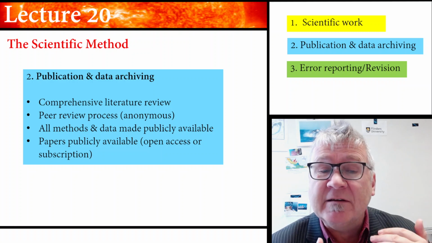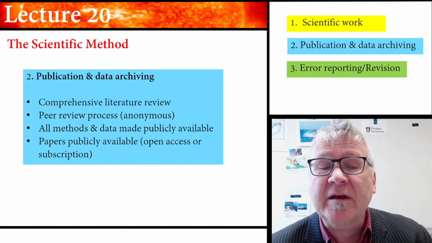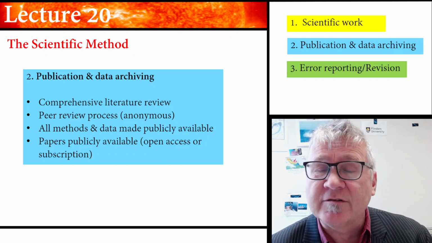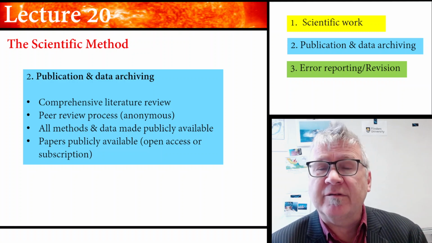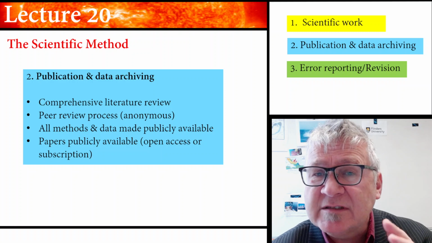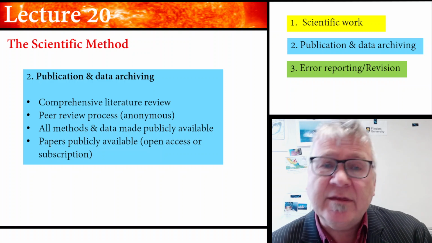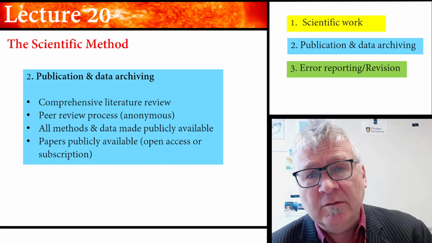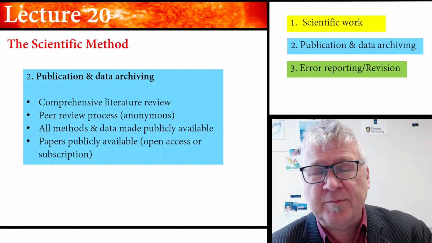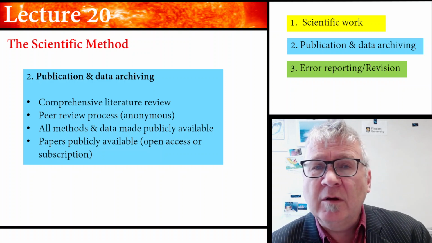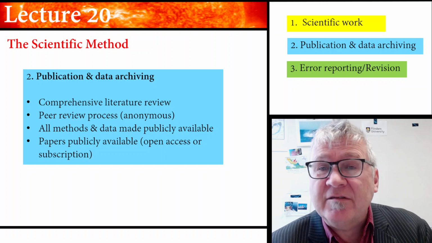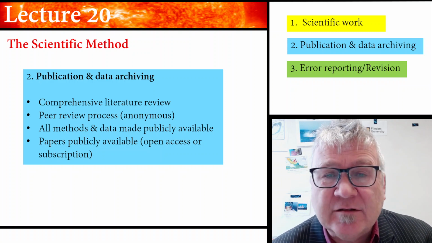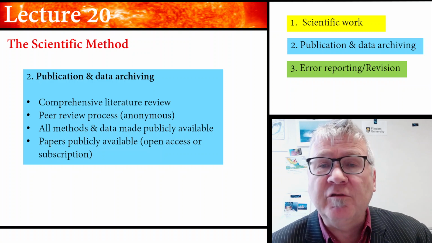Then the process itself is typically a peer review process, and it is an anonymous process. So you submit your scientific manuscript, then it's forwarded to, well, sometimes 2, sometimes up to 5, selected referees, experts in the same field of study, and they review the paper.